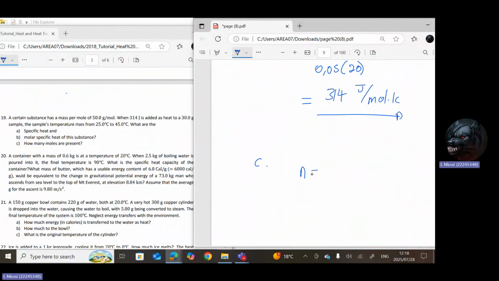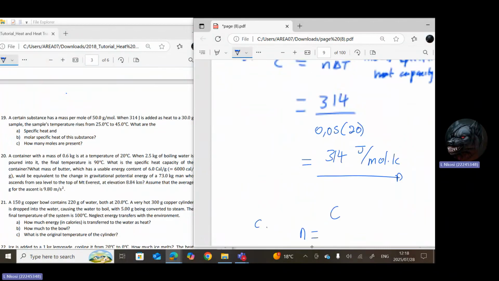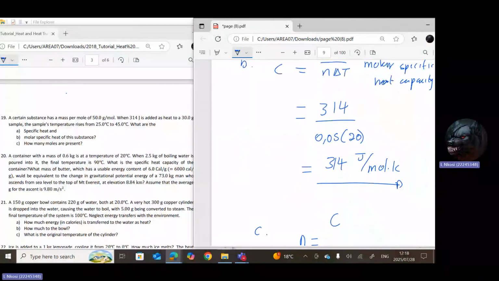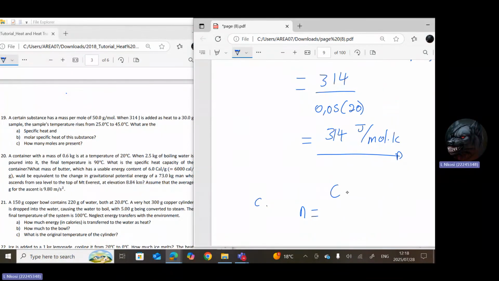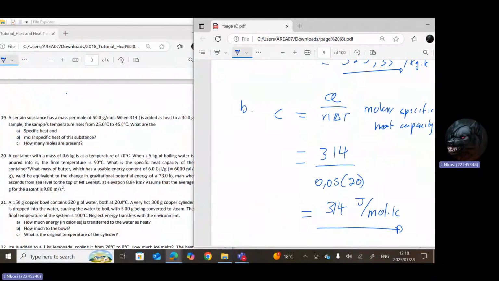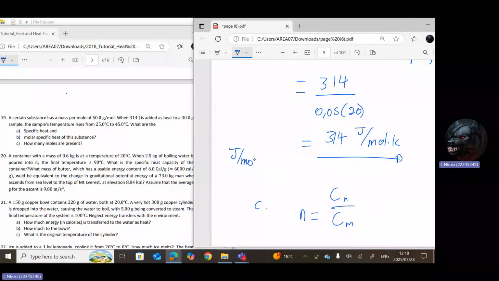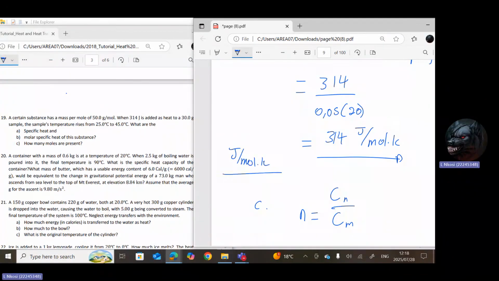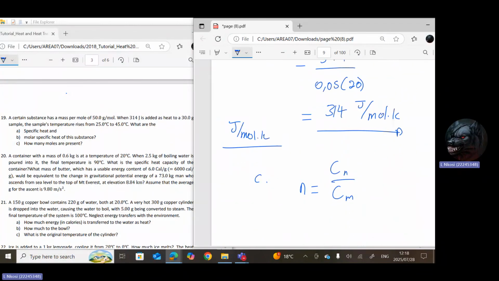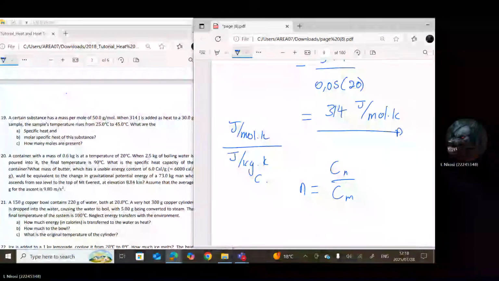The number of moles present would be the molar specific heat capacity over the mass specific heat capacity. Let me show you how this is possible, because of the units: joules per mole Kelvin over joules per kilogram Kelvin.